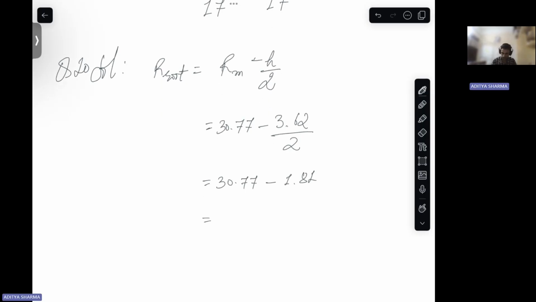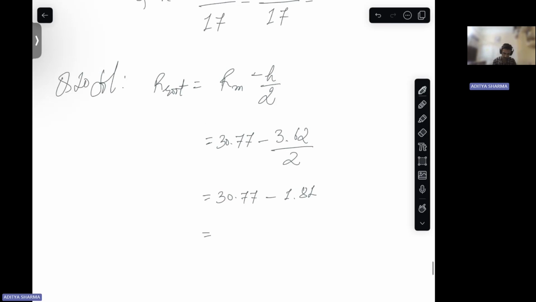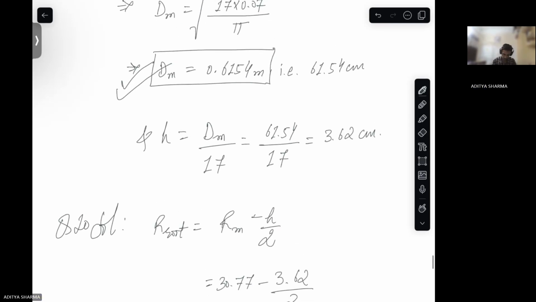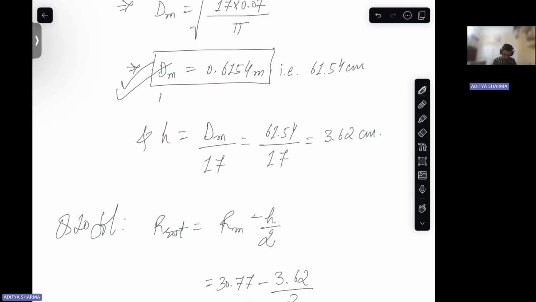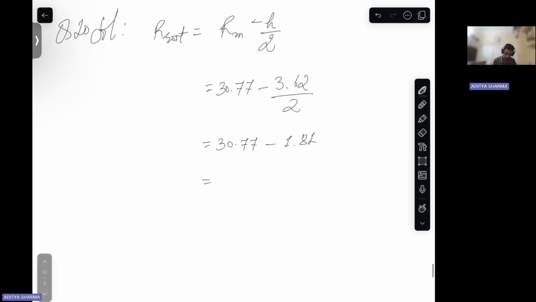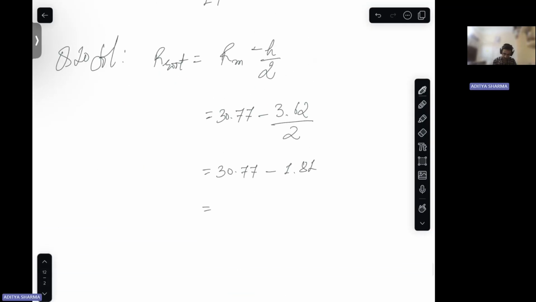So this is in centimeters. From here, Rm is equal to 61.54 divided by 2, that is equal to 30.77 centimeter. So 30.77 minus this will come out to be 28.96 centimeters. That is 0.2896 meters.